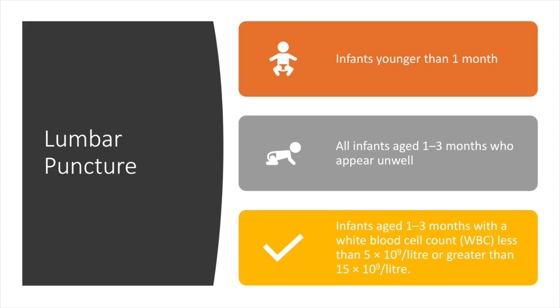This is worth considering and bearing in mind. I'm not advocating that we do not follow NICE guidelines. I think anyone that you're giving parenteral antibiotics to, it's worth performing a lumbar puncture. Anyone where there's concerns about meningitis, and if they do have abnormal infection markers, then yes, I would also consider a lumbar puncture for those children.